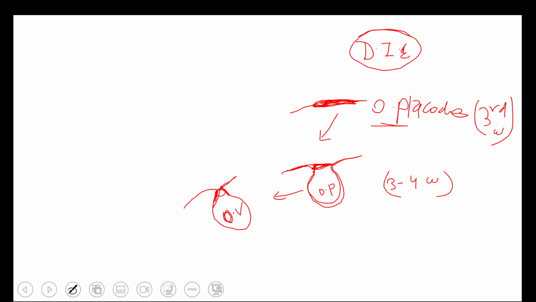These otic vesicles later get separated from the surface ectoderm after programmed cell death of the cells present in the stem connecting the otic vesicle with the surface ectoderm. So now this otic vesicle is completely separated from the surface ectoderm.